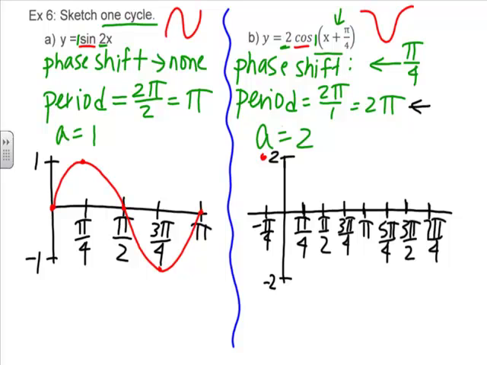And then I'm going to come over here and put my next point, which is going to be at pi/4. And I'm going to drop down to the low point over here, and I'm going to come back up, and then I'm going to finish the job off over here. So as best I can, I am going to go ahead and graph that in.